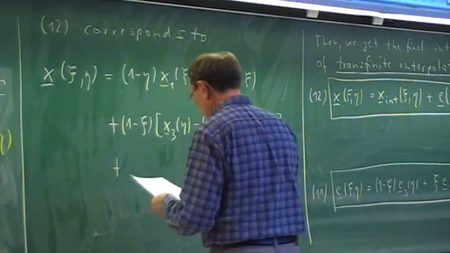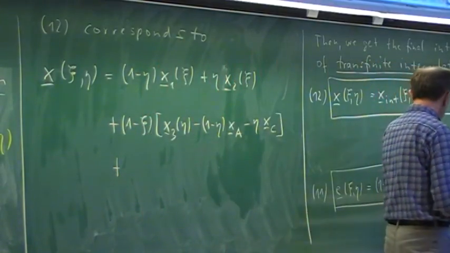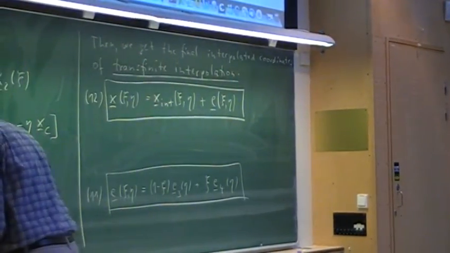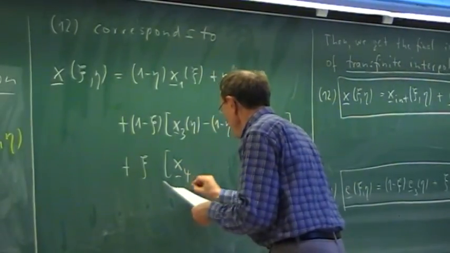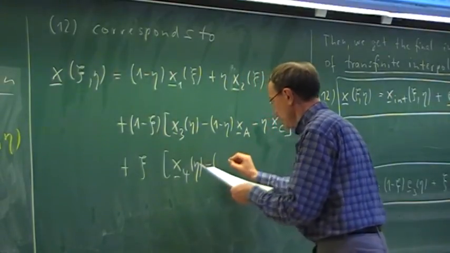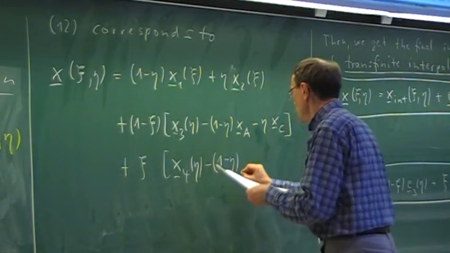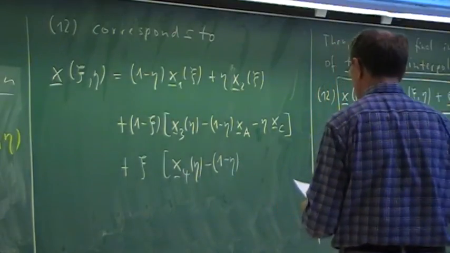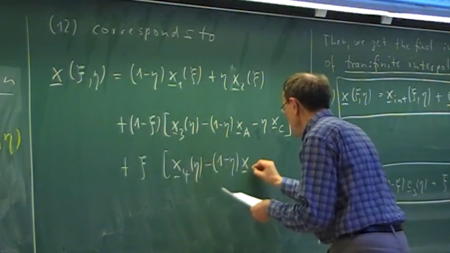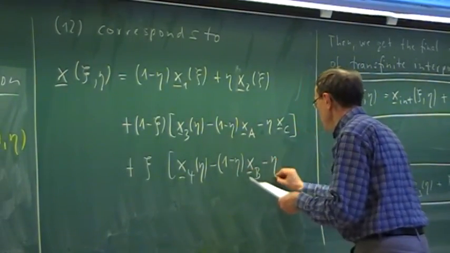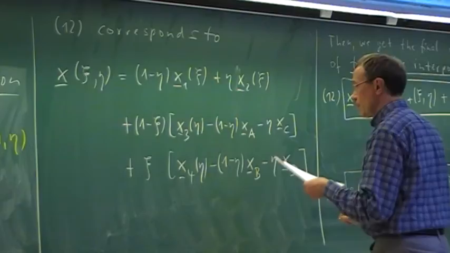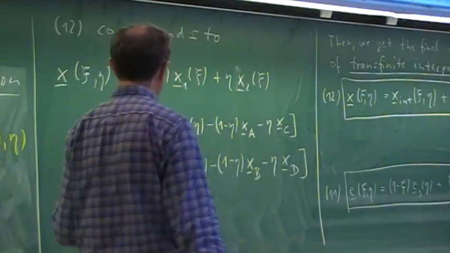And similarly for the right boundary, we have psi E4, and the E4 was the x4, the right boundary, x4 of eta, and we subtract the interpolated coordinates between xb and xd. So then we have this.